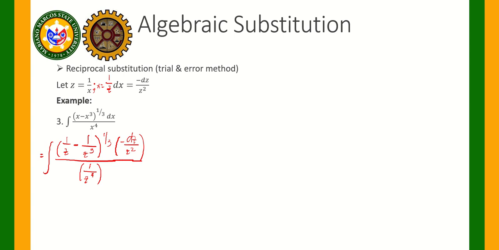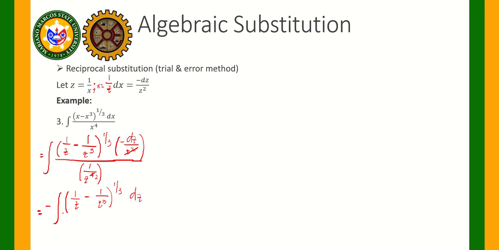And then we simplify. So, this will be equal to, since negative to, pwede nating i-isolate si negative. So, we can reduce this, the denominator. So, z squared to z4, magiging z squared na lang. So, this is equal to 1 over z minus 1 over z cube raised to 1 over 3 dz.